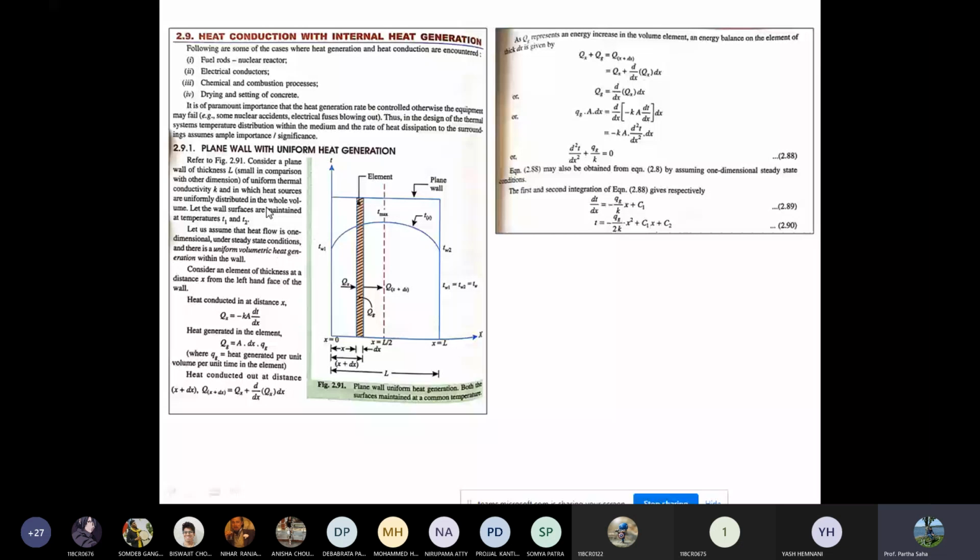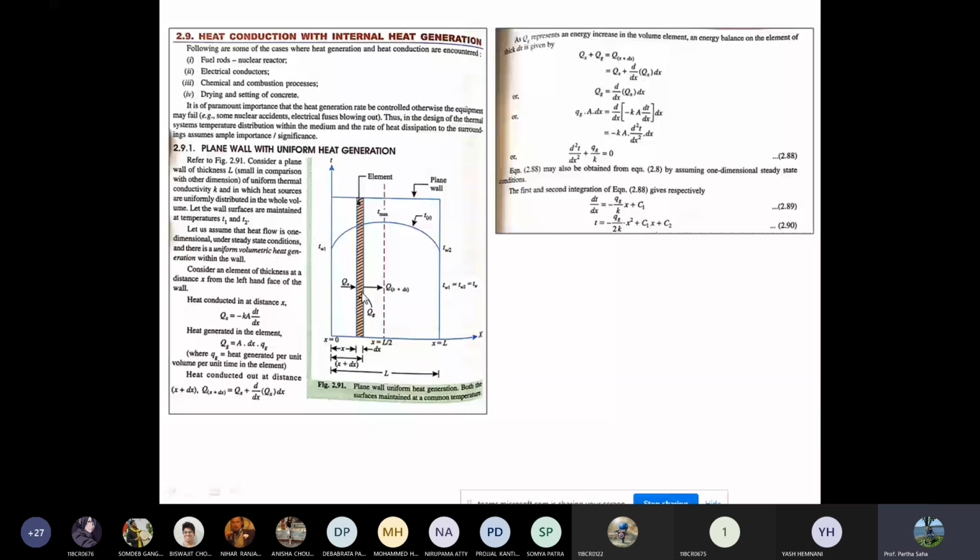Let us assume the wall temperatures are T1 and T2, which we can call Tw1 and Tw2. We also consider an element of thickness dx at a distance x from the left-hand side of the wall.